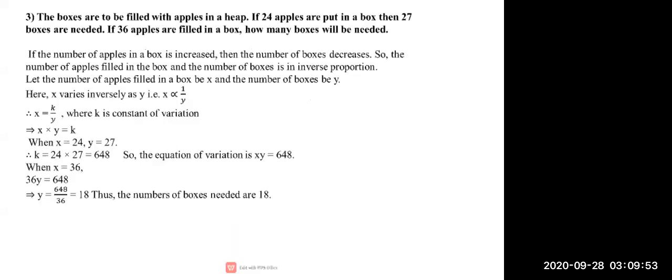So here we have completed our third question. 7.2 exercise we have completed, and tomorrow we will start with a new exercise, that is 7.3.